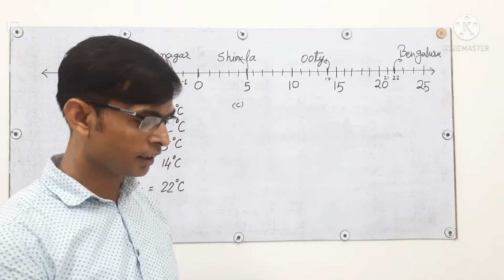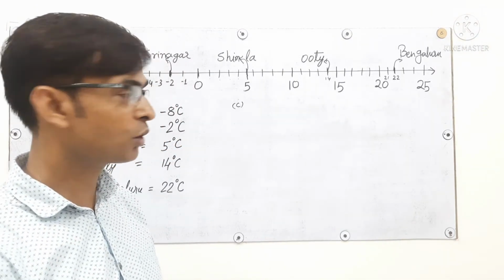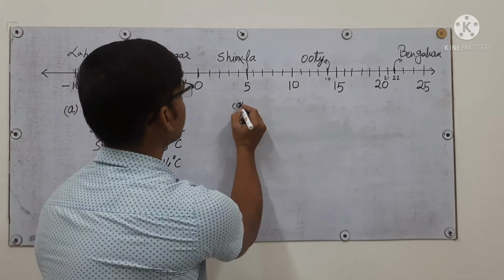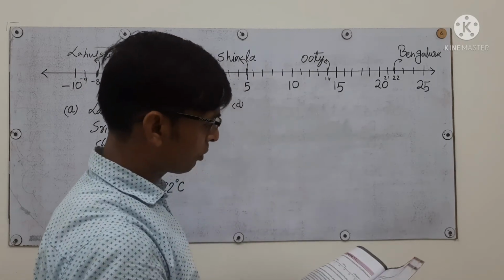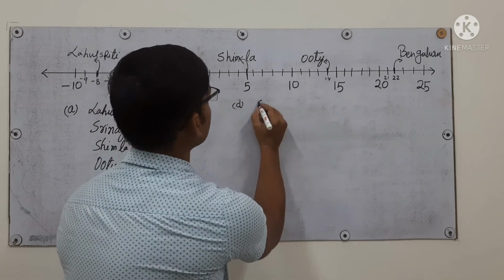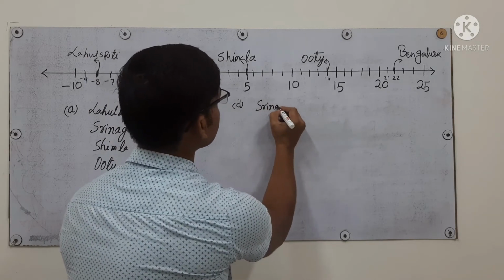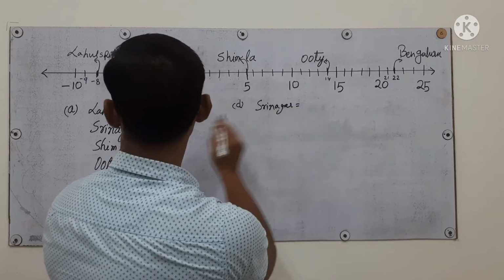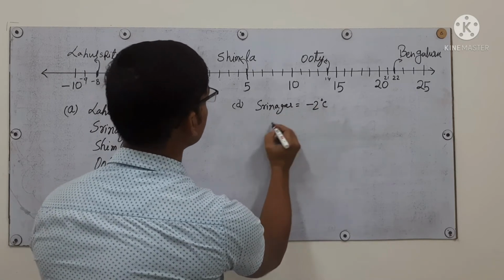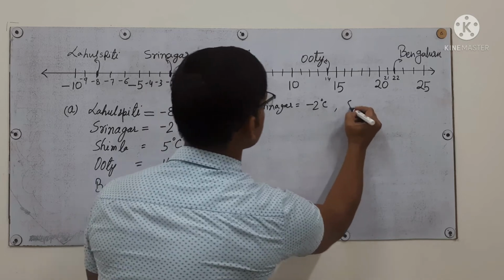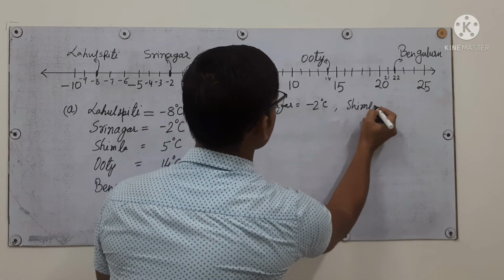So what is the temperature of Srinagar and Shimla together? So it will be D. What is the temperature at Srinagar? At Srinagar it is -2, and at Shimla, what is the temperature at Shimla?